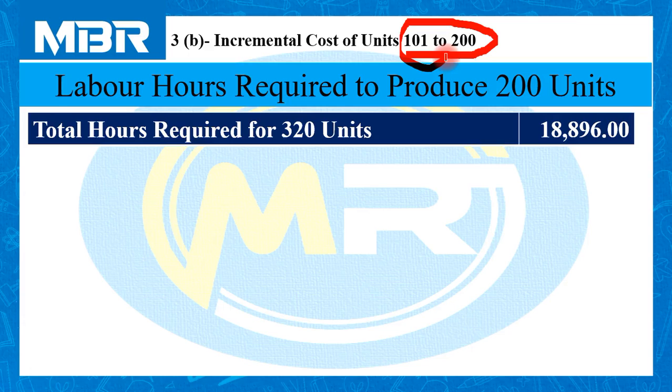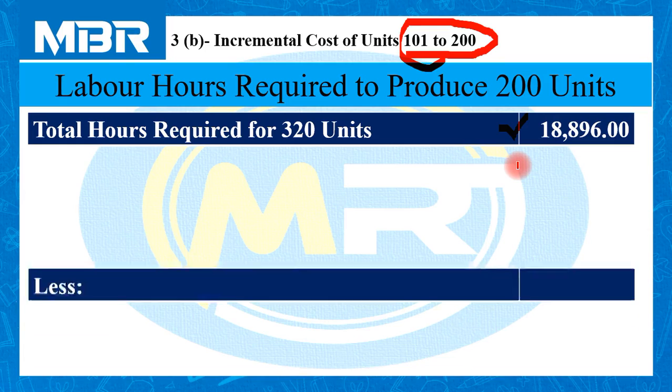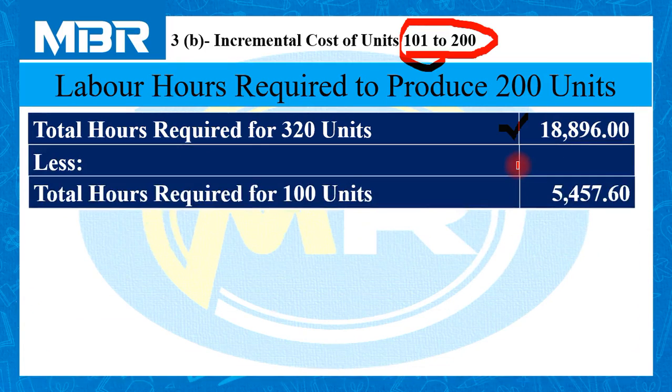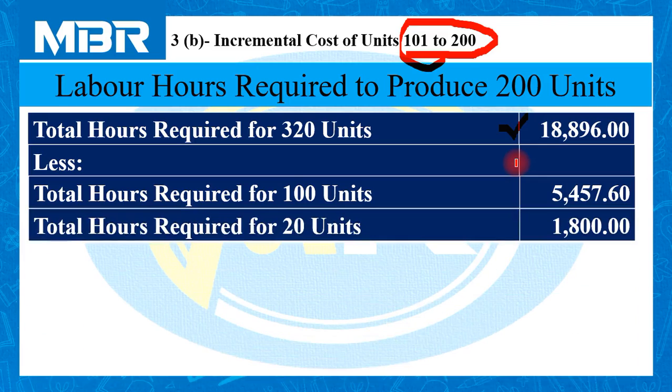Now, focus on the table that we have prepared for average time taken and total time taken. You will find the total time taken to produce 320 units, 18,896 hours. And on the other hand, you will find the total hours required for the manufacturing of 100 units, 5,457.6, and total hours required for 20 units, 1,800.